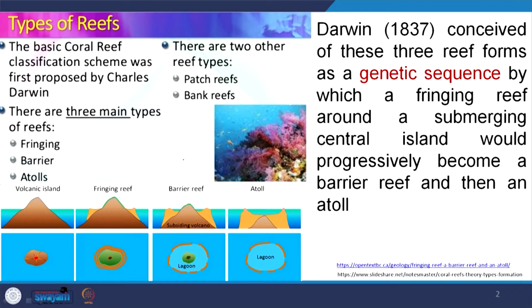This classification is quite old and was given by Darwin in 1837, but we still adopt it.